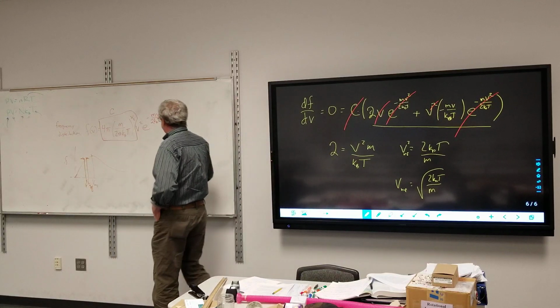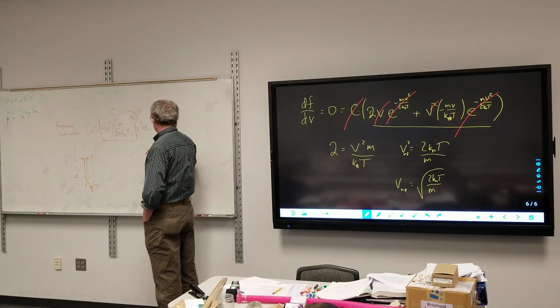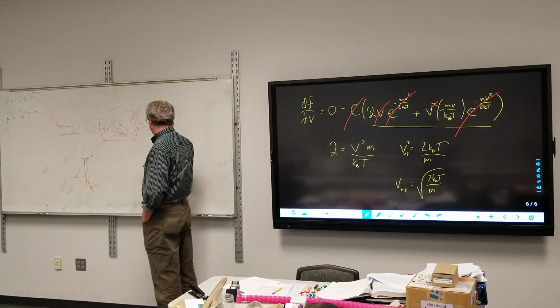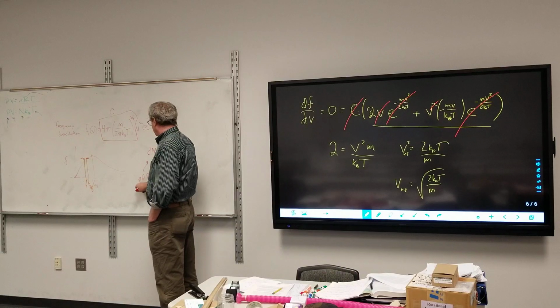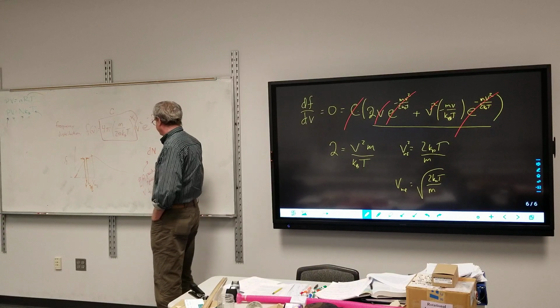So this is the number of particles in that little wedge right there, with speeds from v to v plus dv.